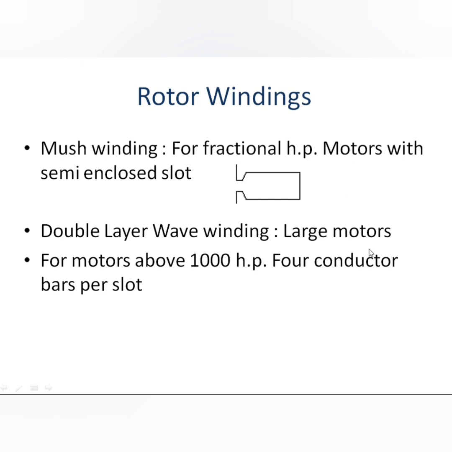So large motors usually have a wave type double layer winding. For motors above 1000 horsepower, 4 conductor bars per slot are used. So 2 conductors on the upper side and 2 conductors on the lower side are used for the rotor windings.